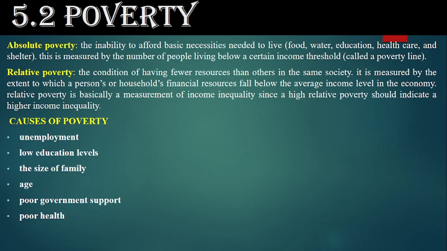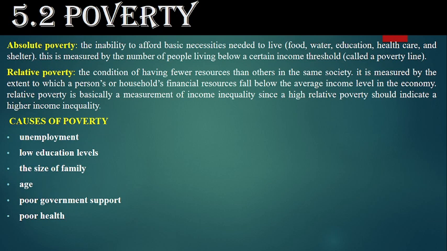5.2 is poverty. The topic is poverty. If you remember, we already had a discussion in sociology about what we mean by absolute poverty and relative poverty. Absolute poverty is when you are unable to fulfill your basic needs. Relative poverty is when you compare yourself with another man who is richer than you.